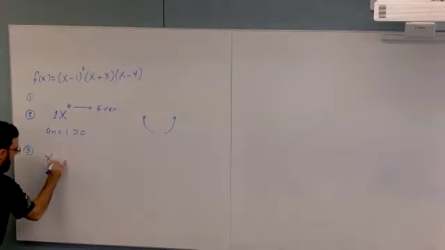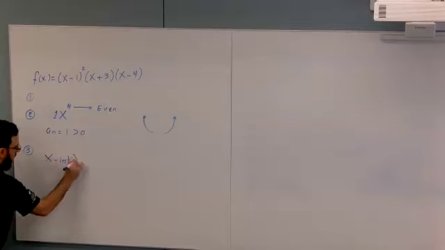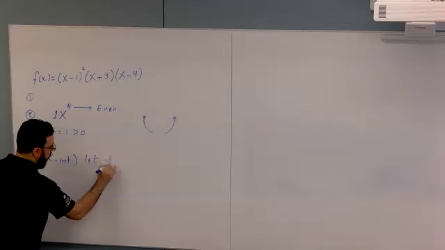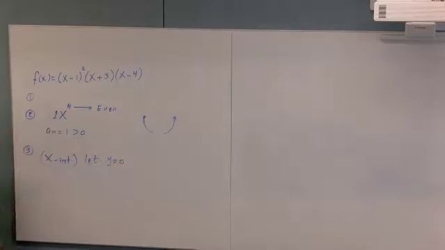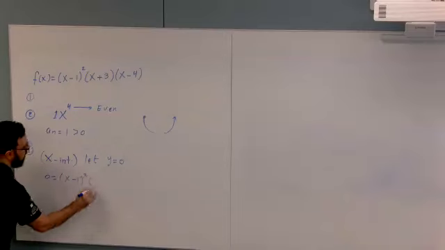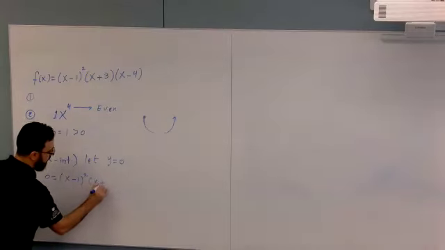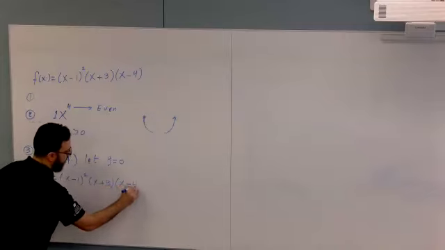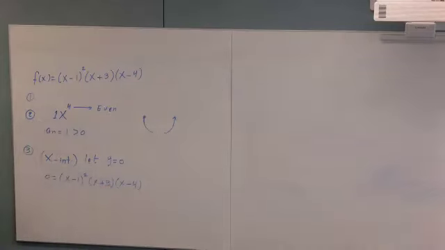The x-intercept. How are we gonna find the x-intercept? Let y equal 0. Where is y? That means 0 equals x minus 1 squared, x plus 3, and x minus 4. Is that okay?